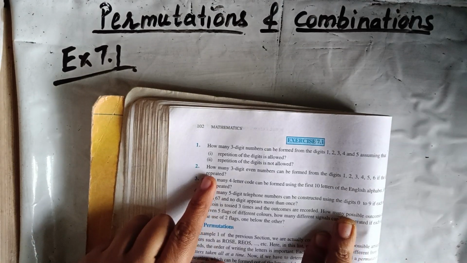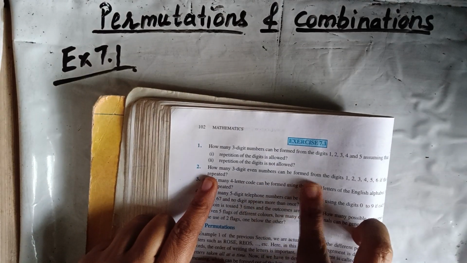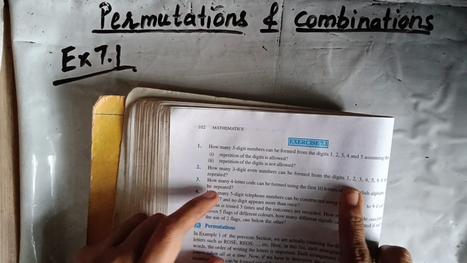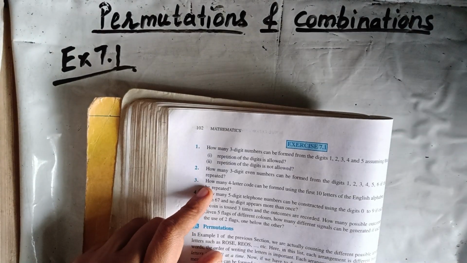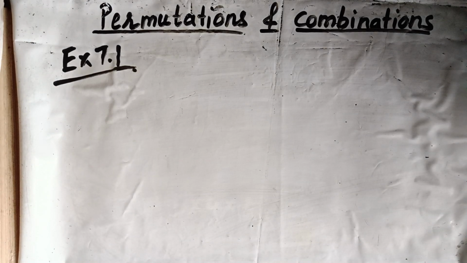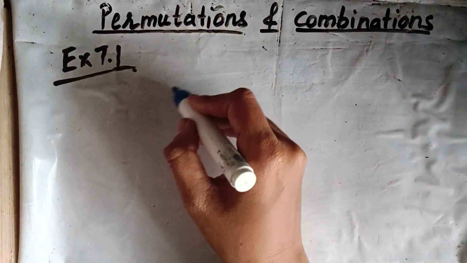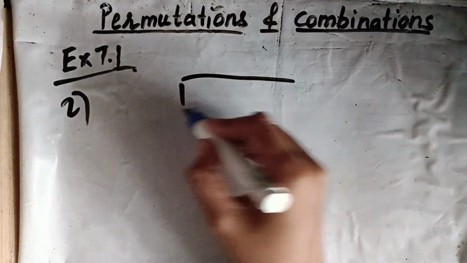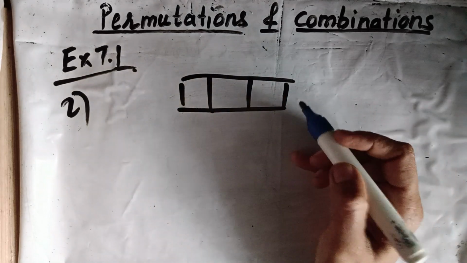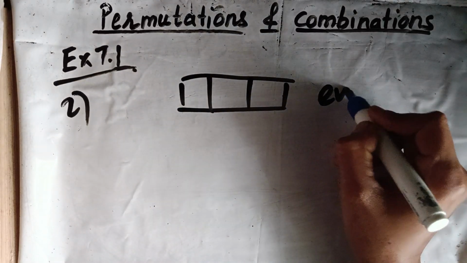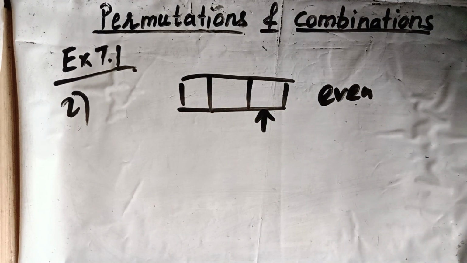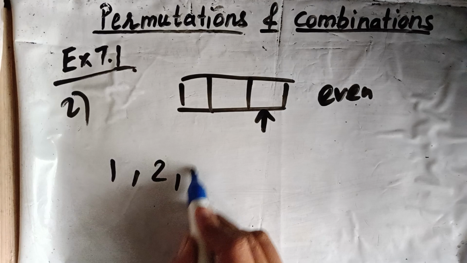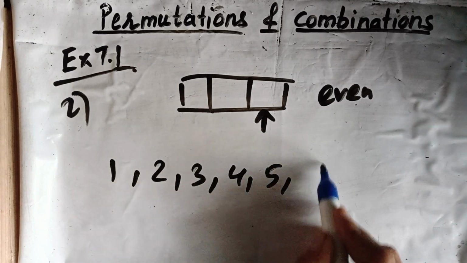Next question. How many 3-digit even numbers can be formed from the digits 1, 2, 3, 4, 5, 6 if the digits are repeated? Okay, 3-digit even number. Even means the unit place can be filled using the even numbers from the given digits 1, 2, 3, 4, 5, 6.